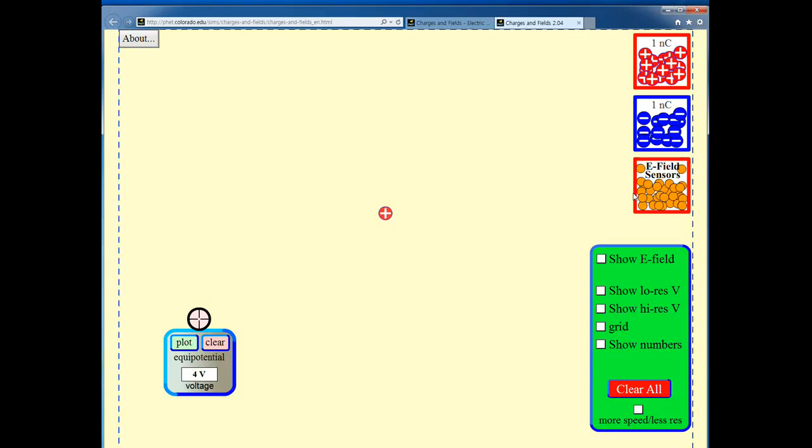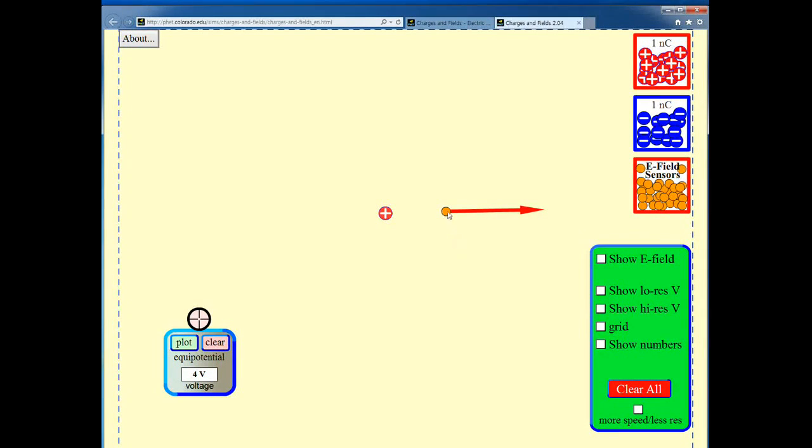So in this simulated experiment, we will pretend as if we can see the electric field. Here we have one positive charge, and suppose we have a sensor which can sense electric field. Let's place this sensor close to the positive charge, and there is an arrow which represents the electric field.